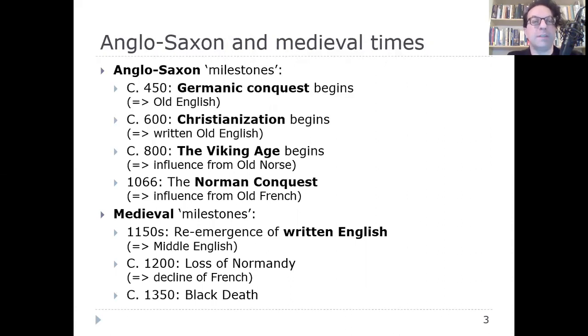Then I mentioned the Viking Age beginning around the year 800 AD, which means that from this time on, we have an influence from the Old Norse language that the settlers who had come from Scandinavia spoke in the north of England.